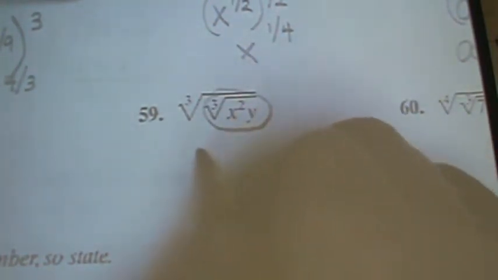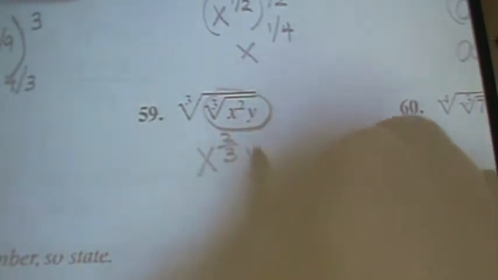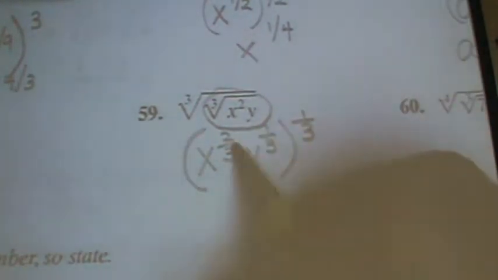This is going to be x to the 2/3, y to the 1/3. You're going to raise all this to the 1/3 power. So power to power, you're going to multiply these two. So you get x, these two multiplied is going to give you 2 9ths, and these two multiplied together is going to give you 1/9.